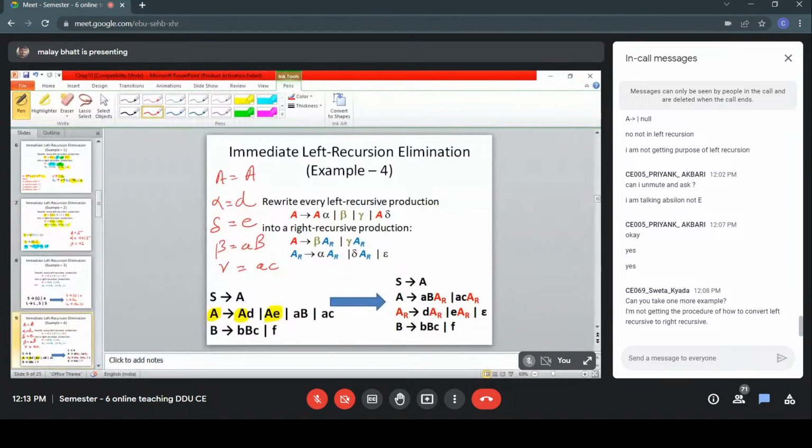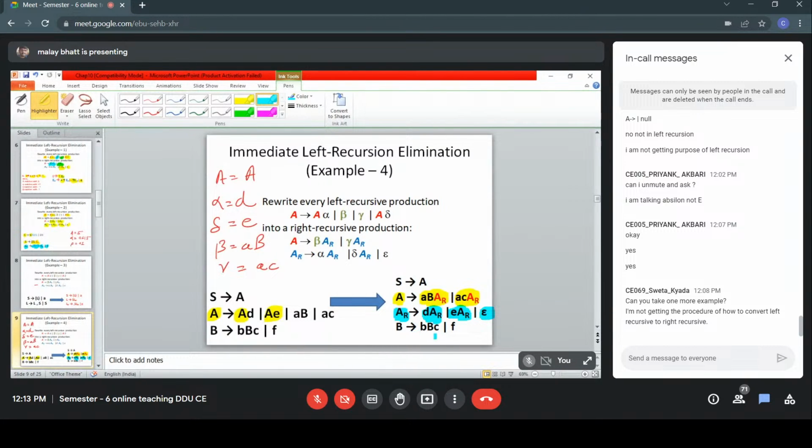So beta is your small a, capital B. We are getting this beta AR. Then gamma AR. So gamma is AC, so AC AR. Now for this AR, we'll write the remaining portion alpha AR. So alpha is your D, so DAR. Then delta AR, so it is EAR and null to terminate the process.